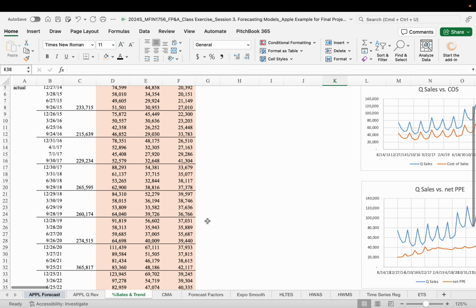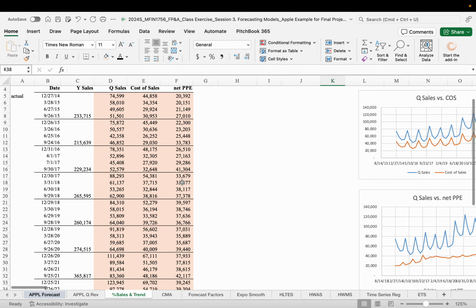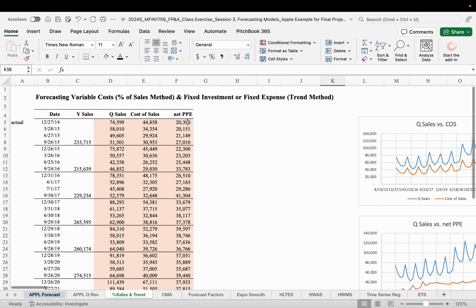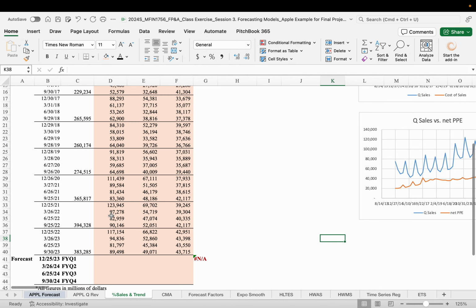So that's why we can use the trend function to forecast property, plant, and equipment, ignoring seasonality. But for sales or cost of goods sold on a quarter basis, we cannot use just a trend because they include other components, seasonality or irregularities.